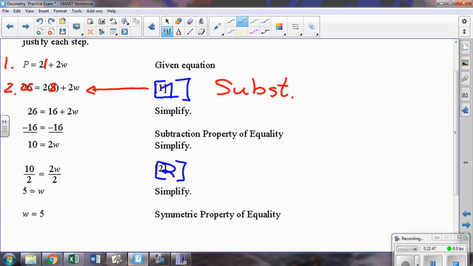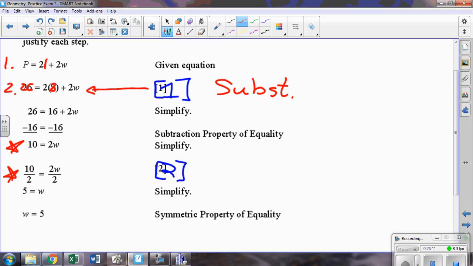We don't need to build the proof, we just need to be able to analyze it right now. Continuing down to the second part, when we reach here, we are at the equation 10 is equal to 2W. What's different going down to the next line? What did you do?